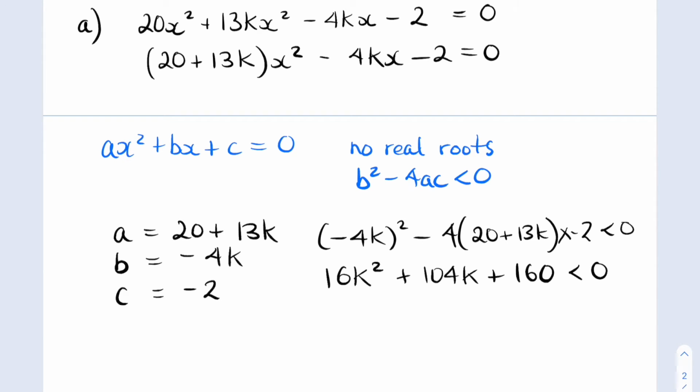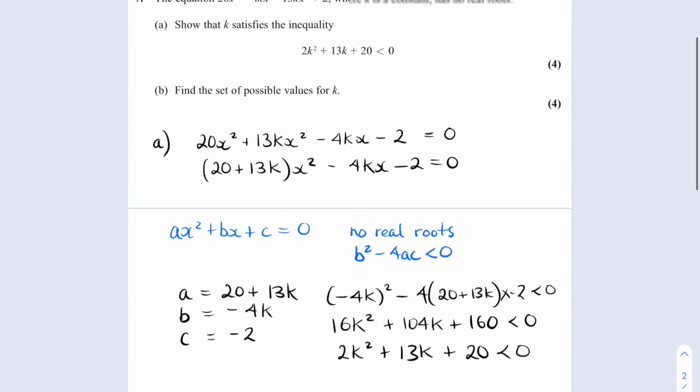Each of those terms has a common factor of 8, so I'm going to divide both sides by 8. I'm allowed to do that on inequalities. 8 is a positive number, it doesn't affect the direction of the inequality. So dividing both sides by 8 will leave me with 2k squared plus 13k plus 20 is less than 0. That is exactly what we were supposed to show. Part A completes because we have shown that k satisfies the inequality.